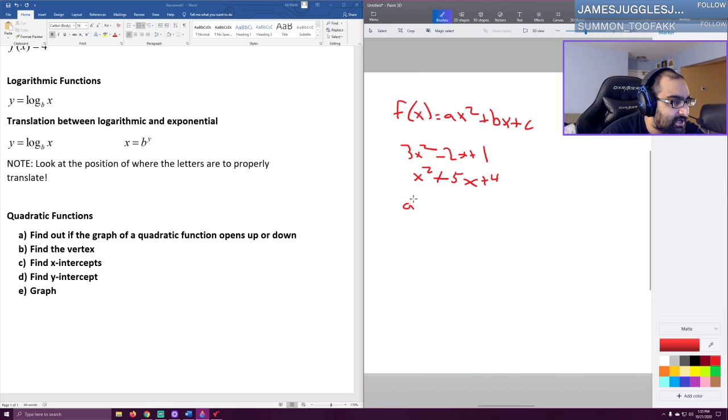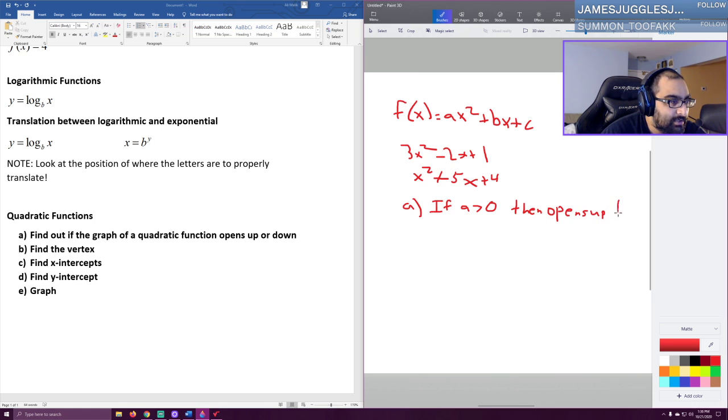Now, whether the graph opens up or down is actually dependent on a. We want to look at this leading coefficient. So if a is positive, bigger than 0, then it opens up. And what do I mean by opening up?